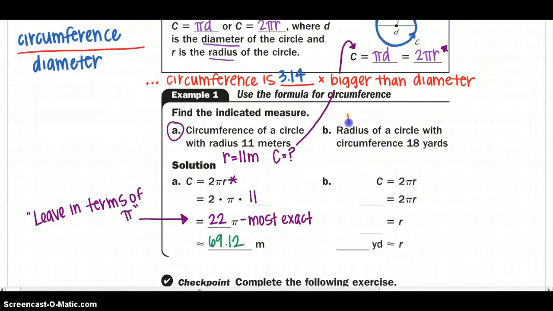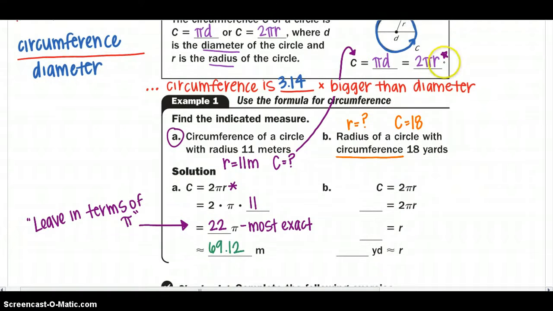Moving on to our next one, the radius. We want to find the radius this time, for a circle with a circumference of 18 yards. If you haven't noticed, we normally are going to use this equation the most, just because we are given the radius a lot. So I would always refer back to that one, or of course your diameter will work because the diameter is 2 times the radius. Going back to B, we rewrote our equation: C equals 2 pi r.